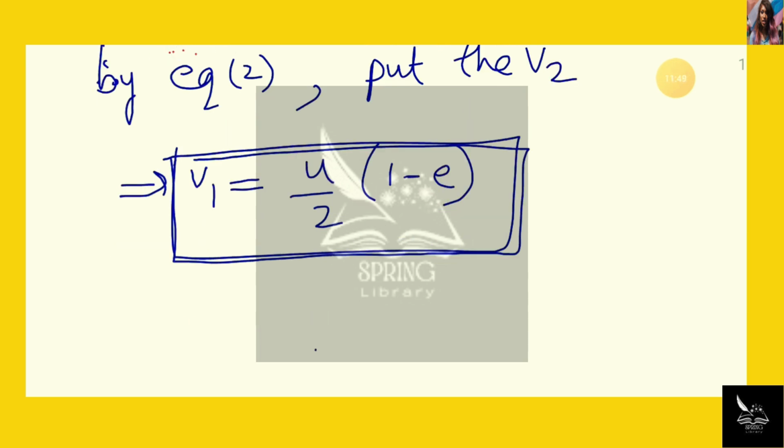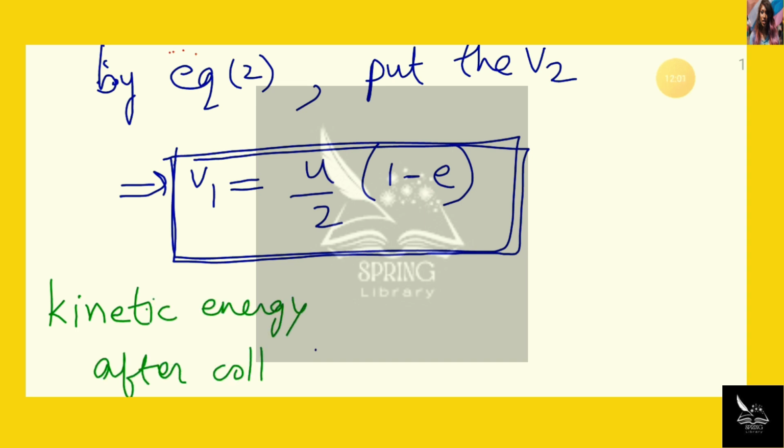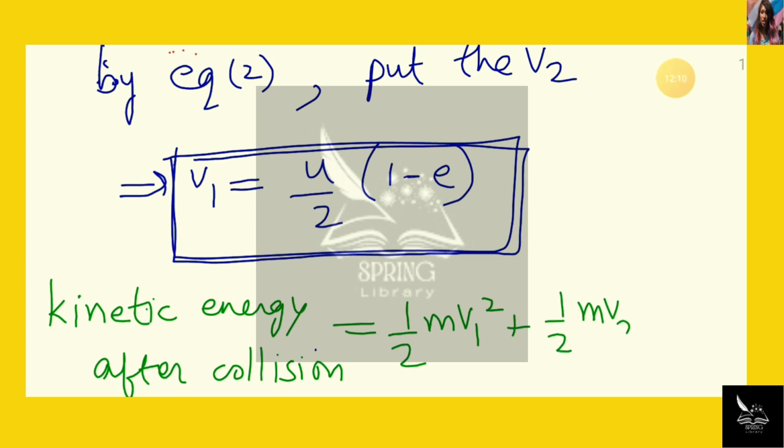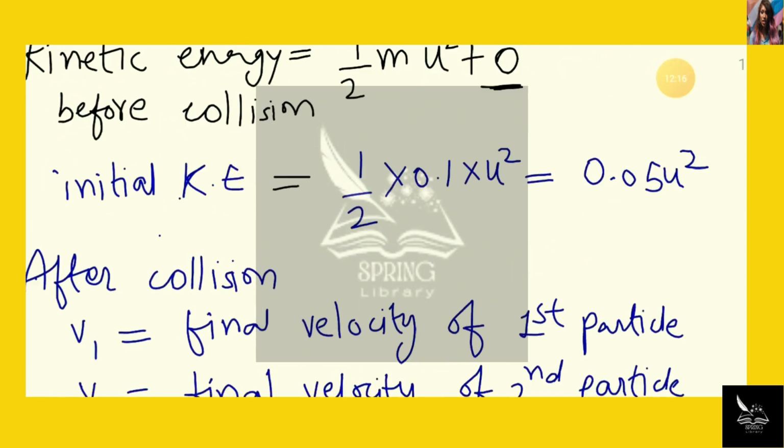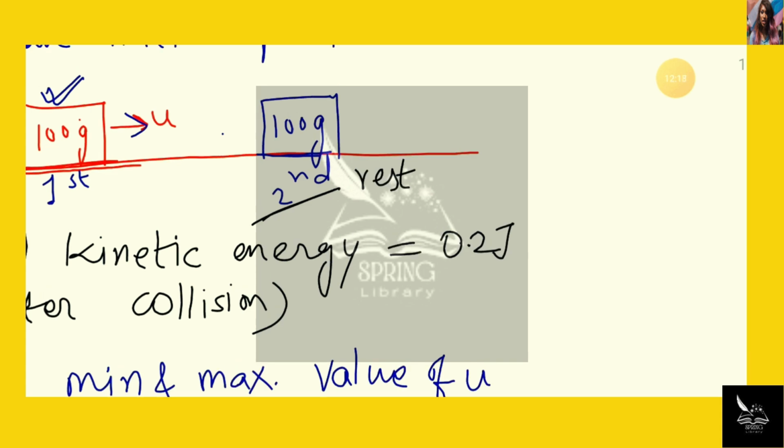Now kinetic energy after collision will be written as half mv1 square plus half mv2 square, and in the question the kinetic energy after collision is given, that is 0.2 joule.